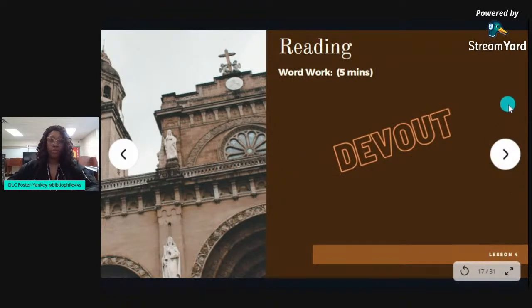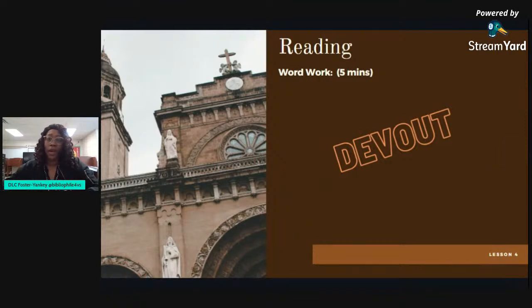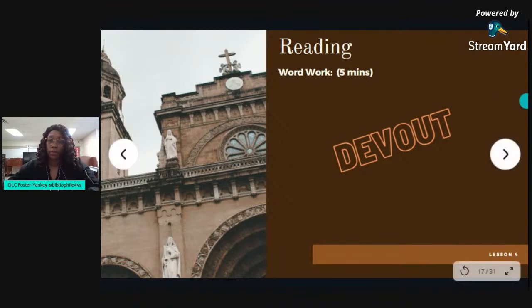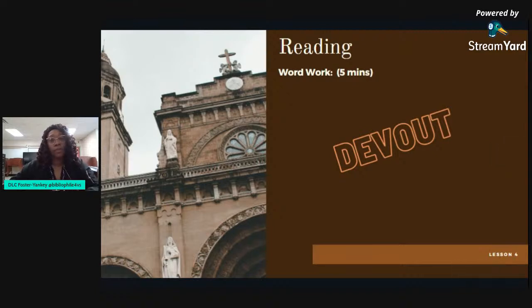From there, they'll move on to 5 minutes of word work. Their word for this lesson is devout. Per the word work routine, the teacher is going to use the word in context in the sentence that is found in the reader, have the students repeat the word, give them the definition and a sample sentence. They'll ask whether they know of anyone who is a devout follower of something, and students will respond using the word devout.